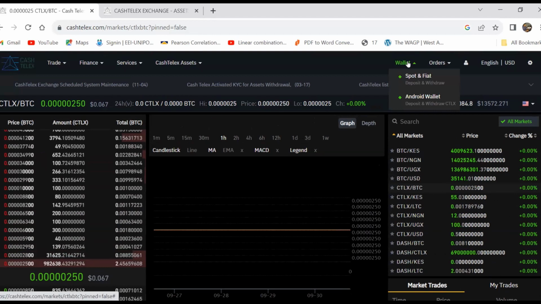If you want to do deposits and withdrawals, what you need to go to is your spot and fiat. But because I'm using my system, that's how I'm going to use spot and fiat. But if I have an Android wallet, I'll go to where? The Android wallet. But I don't have an Android phone, so I'm going to go to spot and fiat.